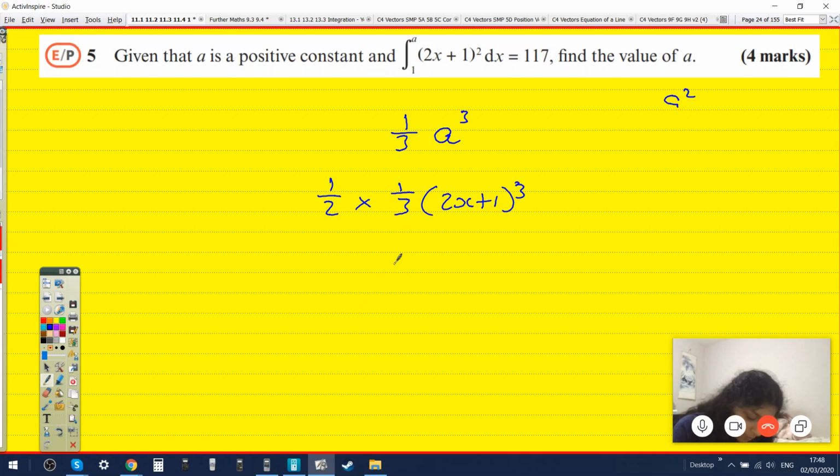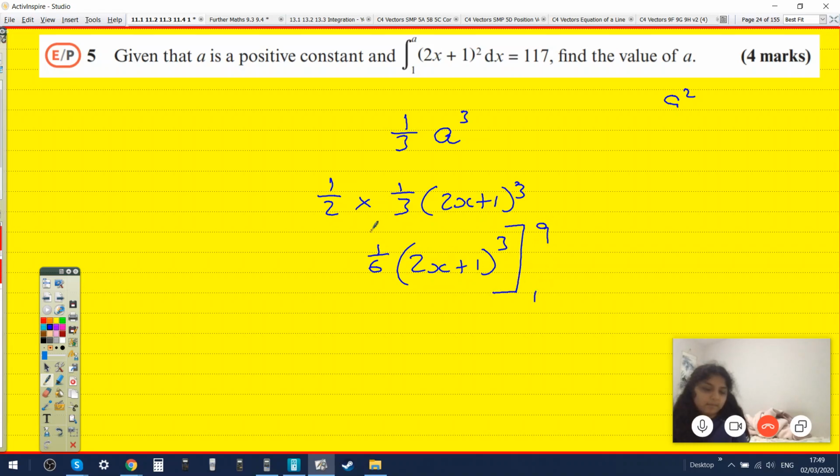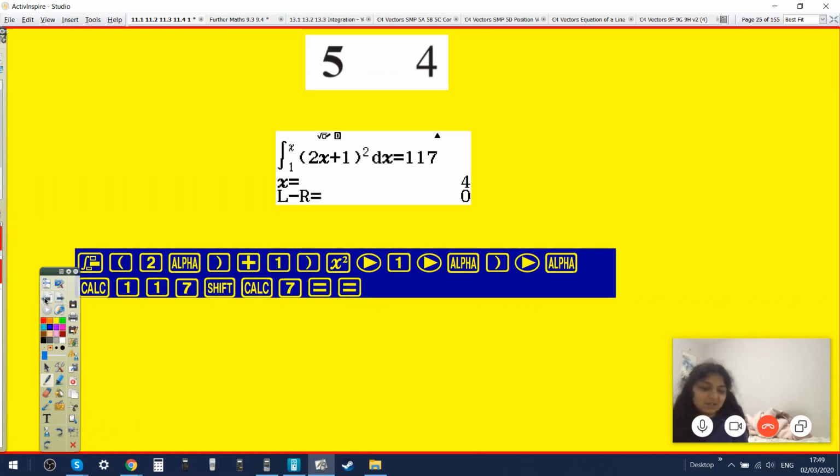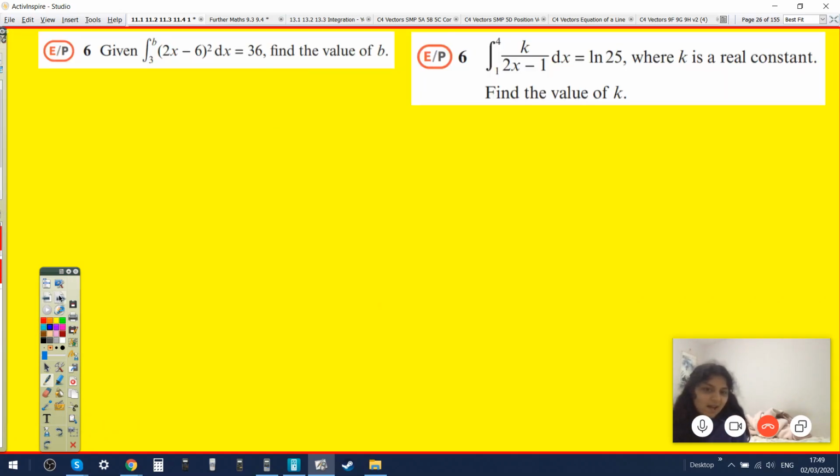So it would be 2x plus 1 cubed over 6. That's all right. Yes, that's it. So you see, I think you're fine for the rest of that, am I right? Yeah, so then it's just solving. The integrating is the issue. Let me see. Okay, let's do top left.